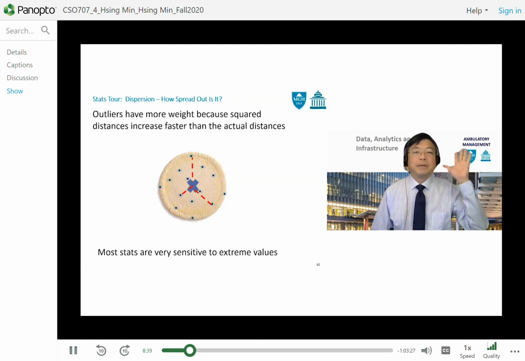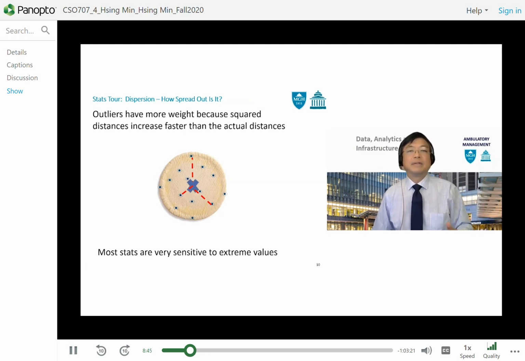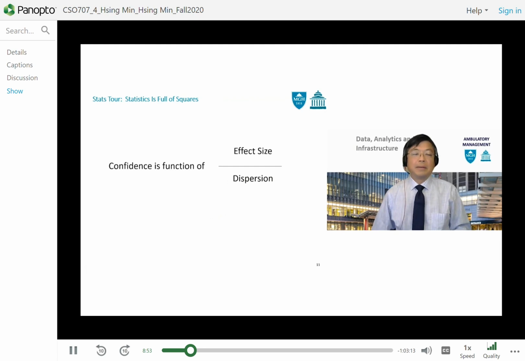But pretty much every other statistic is disproportionately influenced by observational distances from the mean. Outliers have an outsized impact on our statistics. And one common application of that is that confidence intervals are a function of effect size and dispersion, your measure of spreadoutiness.